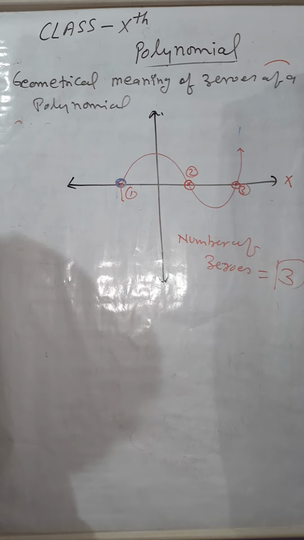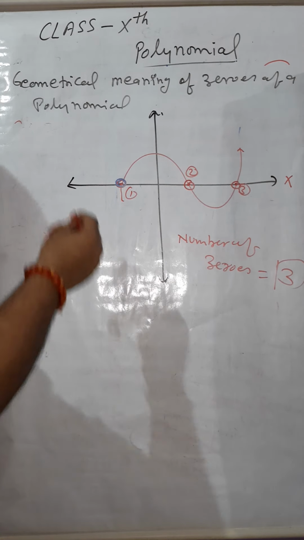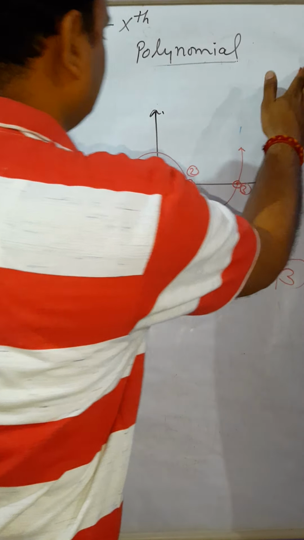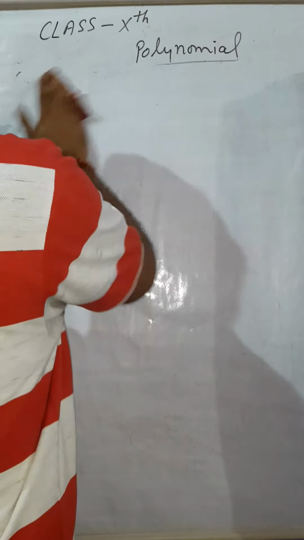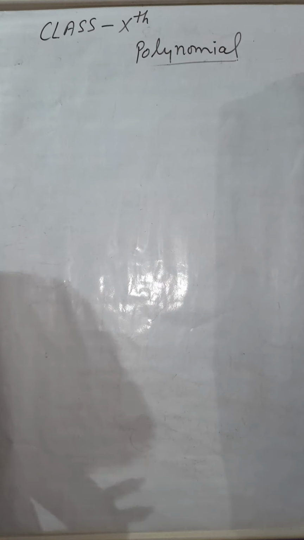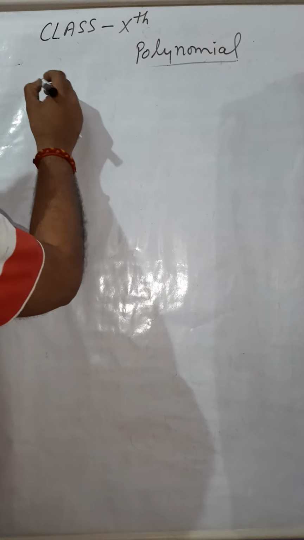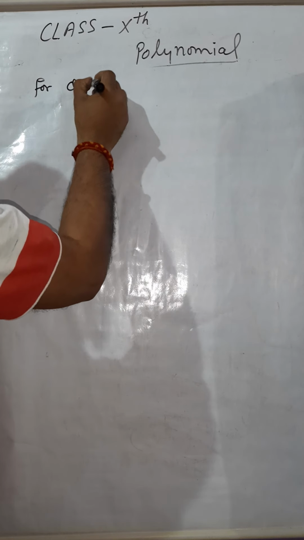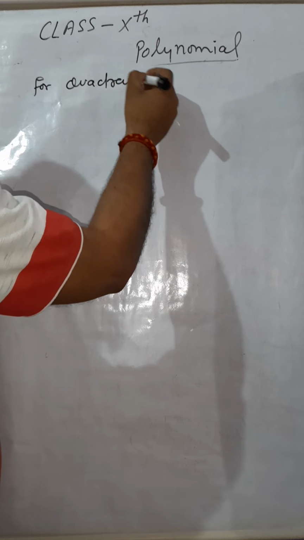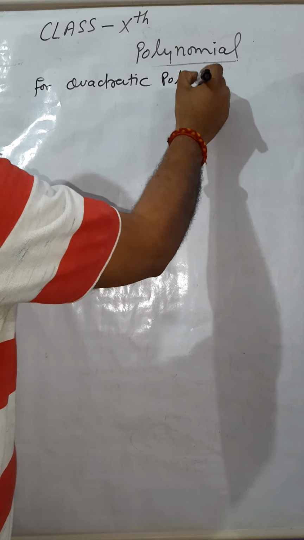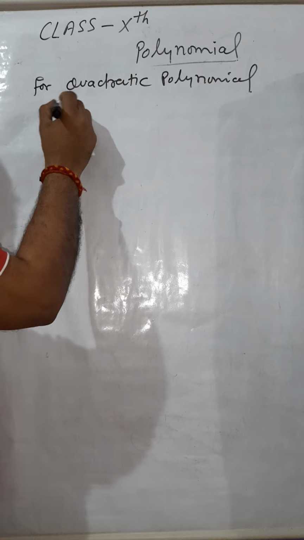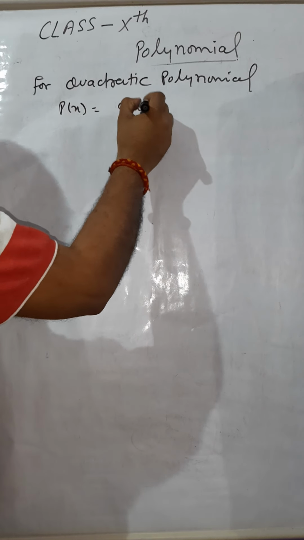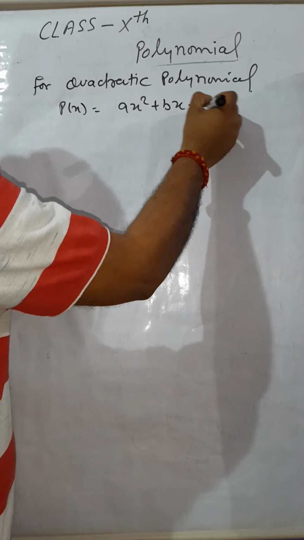Okay students, let us take a few examples. Suppose for a quadratic polynomial, let p(x) be equal to ax square plus bx plus c.